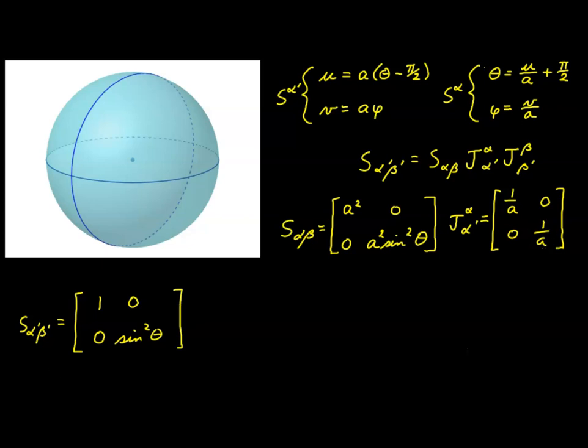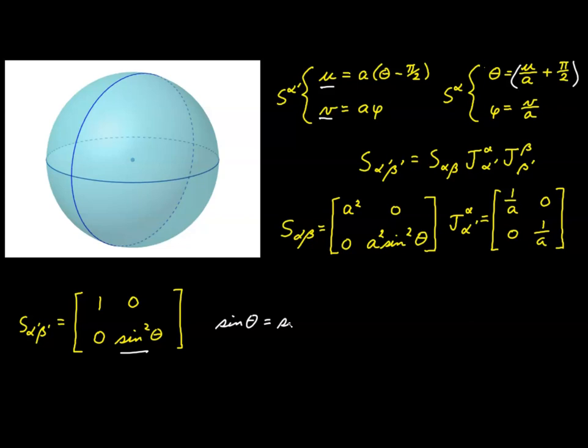Now this result is correct, but what we'd like to do is to express this result in terms of our coordinates u and v. So to do that, we note that sine of theta can be expressed in terms of these other coordinates by using this expression up here. So we'll apply the trig identity for the sum of 2 angles.